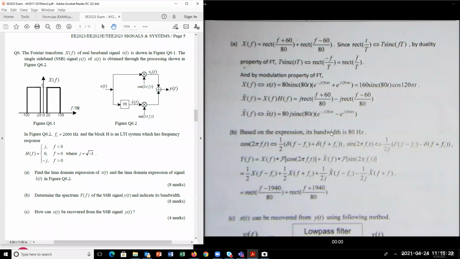So this will be the detailed workings, given that FC is 2000. If you substitute the FC inside, then it's clearer. FC of 2000. Basically one of the sides cancels out because of this operation. That's what happened.